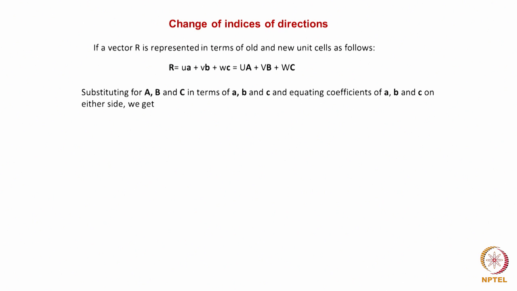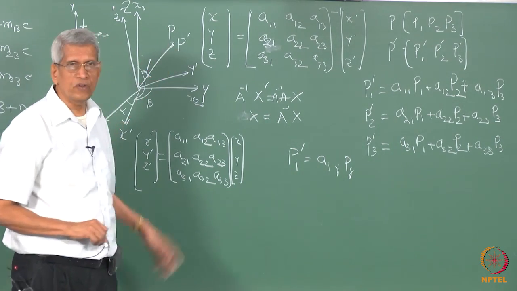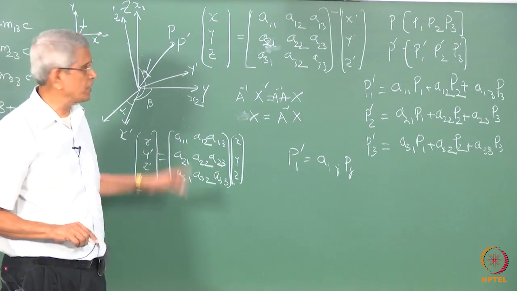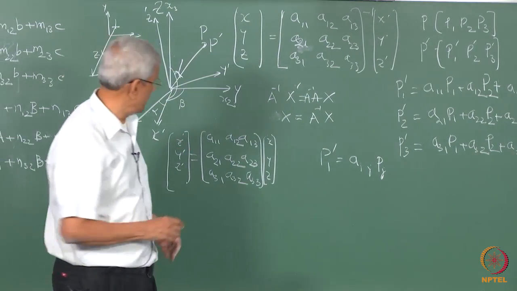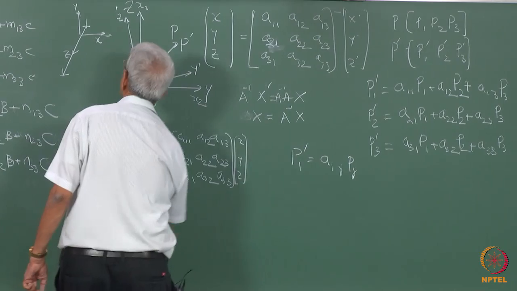Suppose we have to find out the change of direction, the way we have considered a vector. This vector can have different coefficients, because essentially the vector remains the same, only the coordinates have changed. How do we represent these vectors?